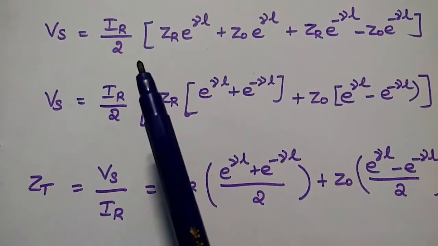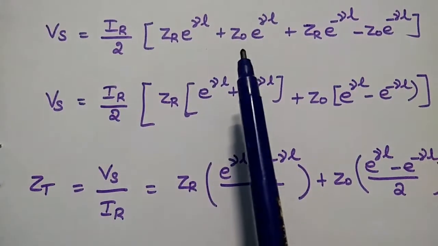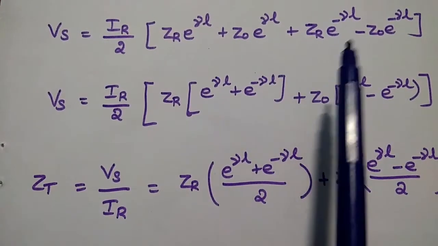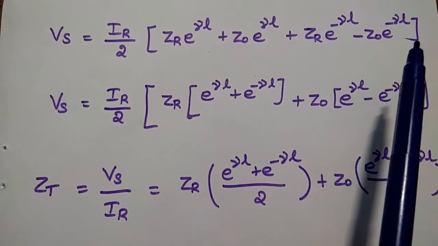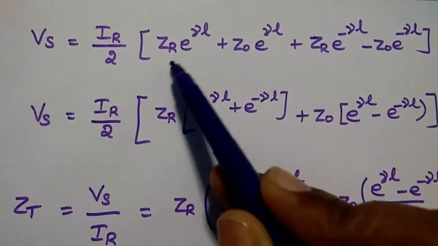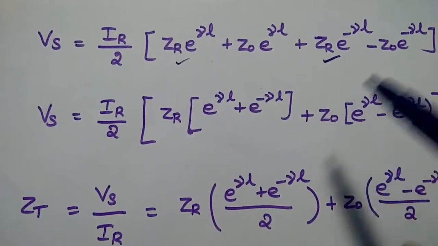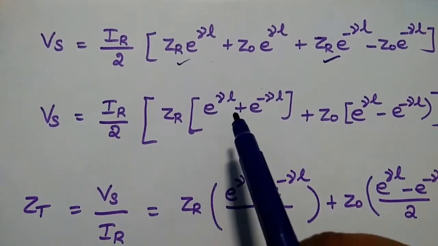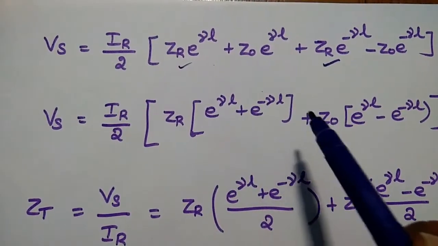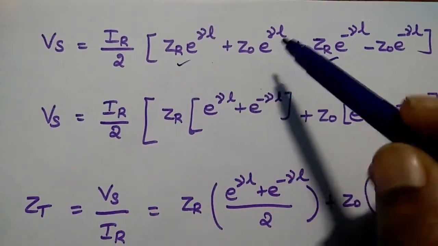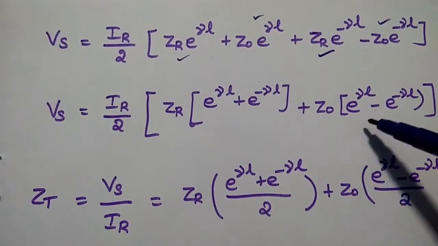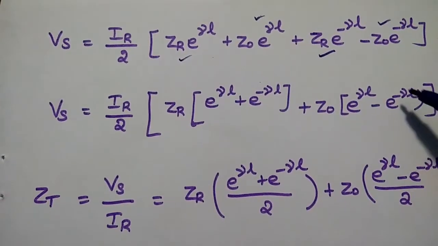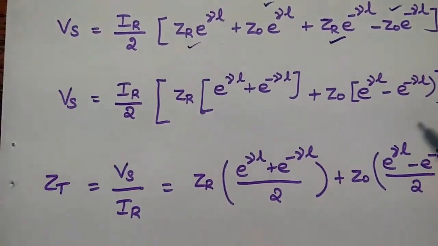We can get IR by 2 of ZR e power gamma L plus Z0 e power gamma L plus ZR e power minus gamma L minus Z0 e power minus gamma L. So in this one, we can take ZR as a common one: ZR of (e power gamma L plus e power minus gamma L). From these two terms, we can take Z0 as a common one: Z0 of (e power gamma L minus e power minus gamma L).